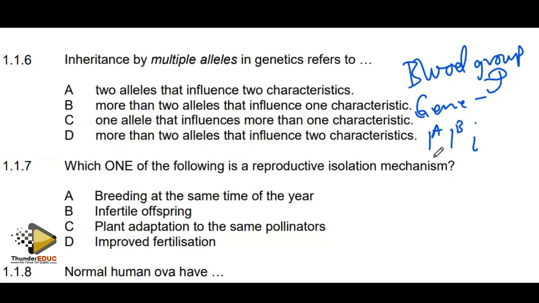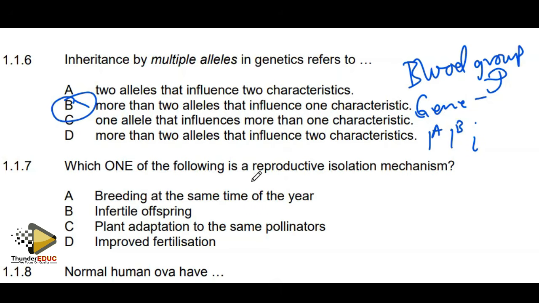So there are 3. Because there are 3, there are multiple. These multiple alleles influence 1 characteristic, which is blood group. That's why B is the most correct answer: more than 2 alleles that influence 1 characteristic.